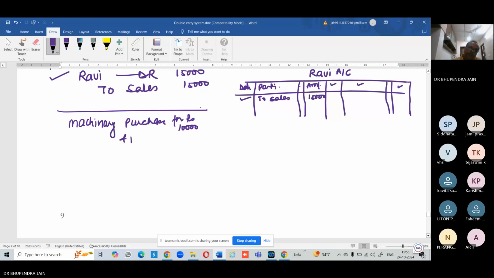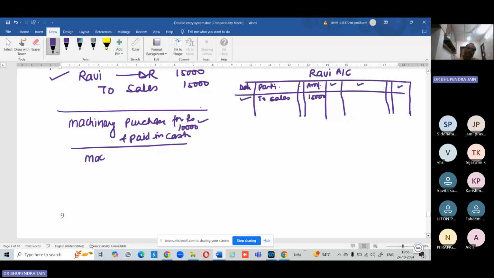And paid in cash. Because here the amount is only up to rupees 10,000, and up to 10,000 you can pay in the form of cash. Once your payment is more than rupees 10,000, you never make the payment exceeding rupees 10,000 in the form of cash.